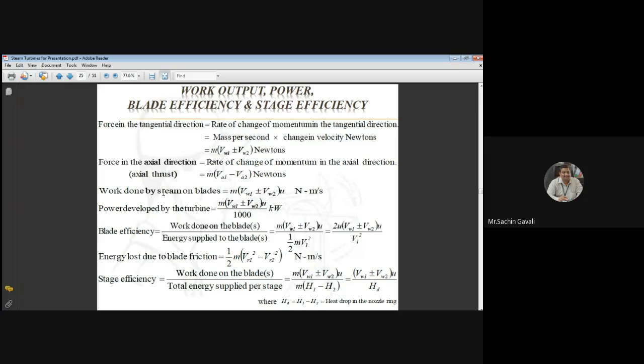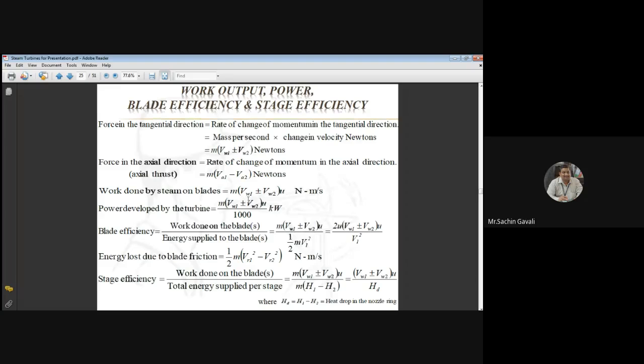Okay. Then work done by steam on blades is equal to what? If we know the force first, then how to calculate W? W is equal to F into S, force into displacement. Therefore, work done by steam on blades is equal to m into bracket Vw1 plus or minus Vw2 into U. U is velocity, meaning displacement per unit time. Again the sign is minus when Vw1 and Vw2 are in the same direction, and plus when they are in opposite direction.